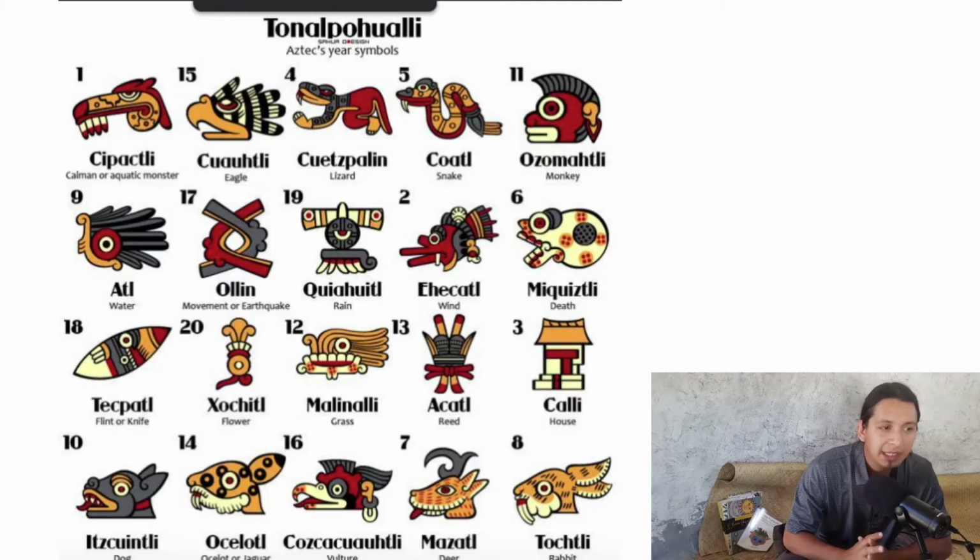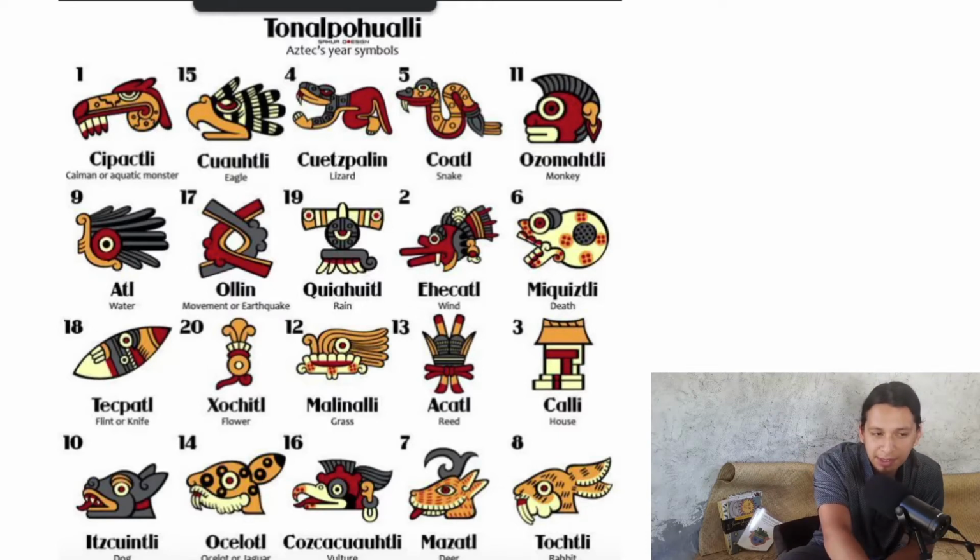So the head of a caiman or alligator or crocodile is a sipactli, and it represents the word sipactli. And the same can be said for almost any animal. We have a couple abstract things like olin, which means earthquake, ehecatl, which means wind, and is represented by the spirit of the wind. These symbols here represent a particular word.